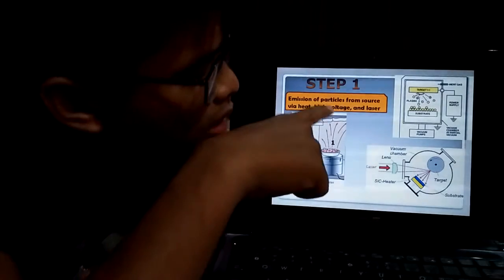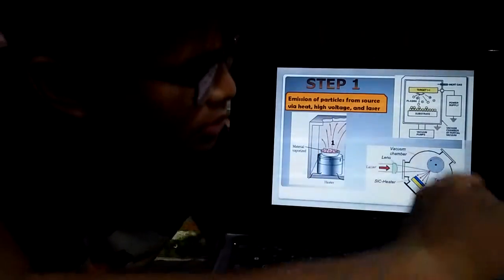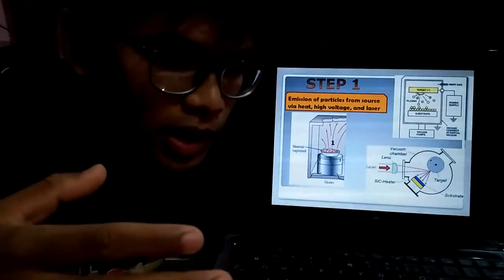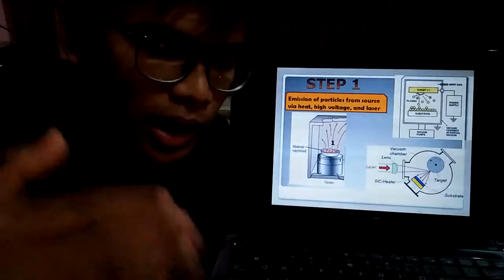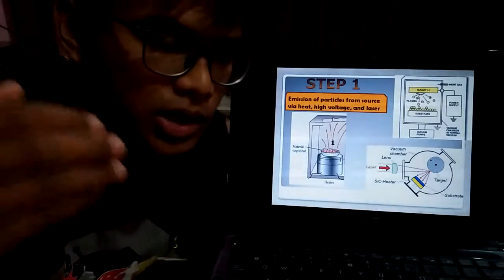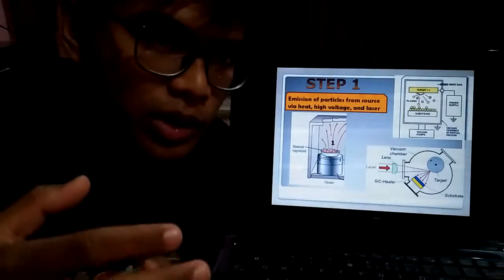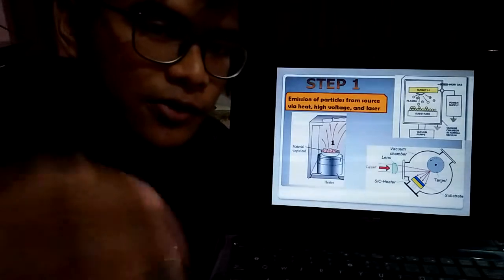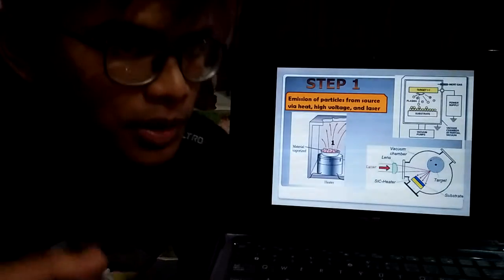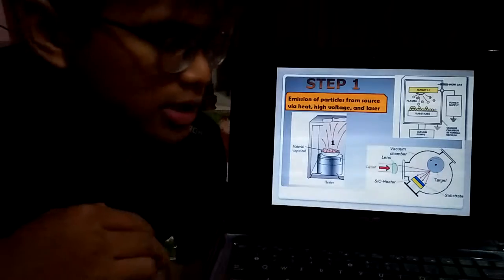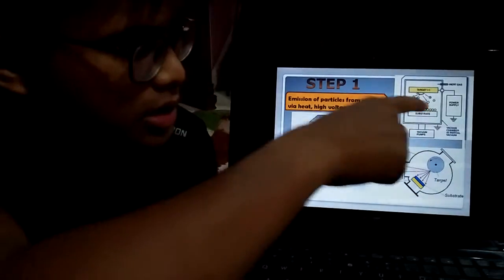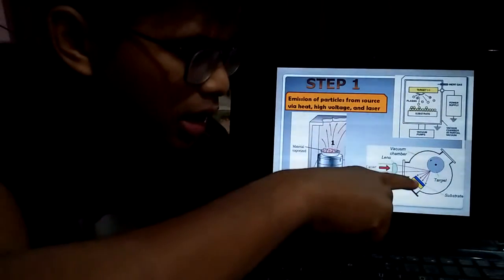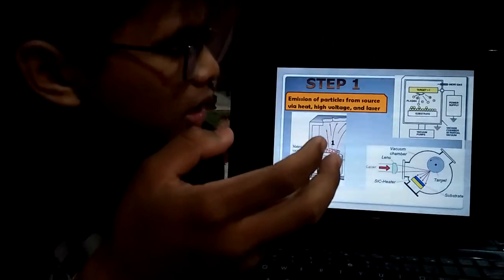The second is using high voltage, where an element is supplied with a high voltage. When the high voltage is applied, the element releases a gas in the form of plasma. The plasma will travel towards the substrate, as in this diagram. And last but not least, using a laser.